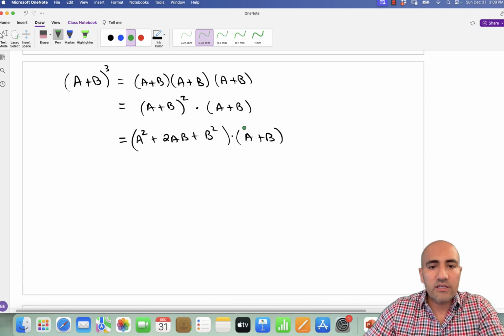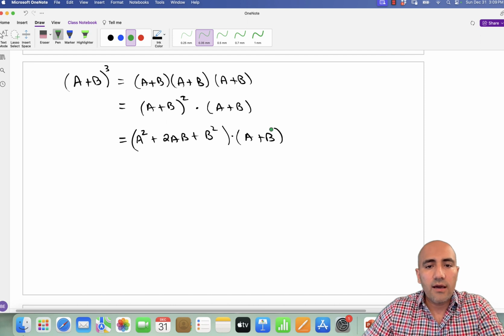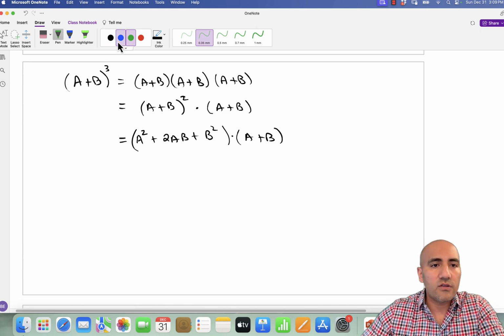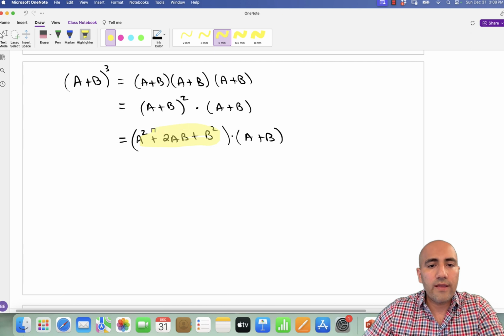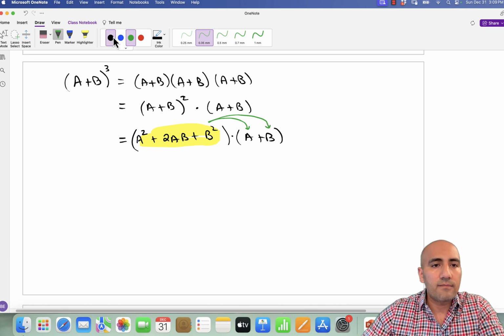Again, I'm going to distribute this way. I'm going to distribute this term into each of these, or I can distribute this term into each of those. So let's do that. This whole thing is going to be distributed times an a, and then that whole thing times a b.